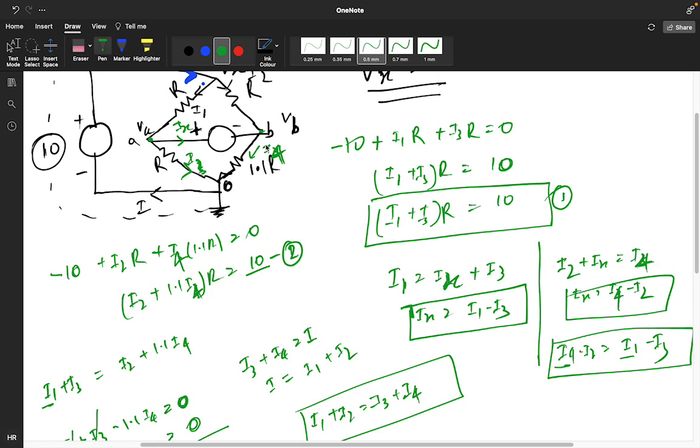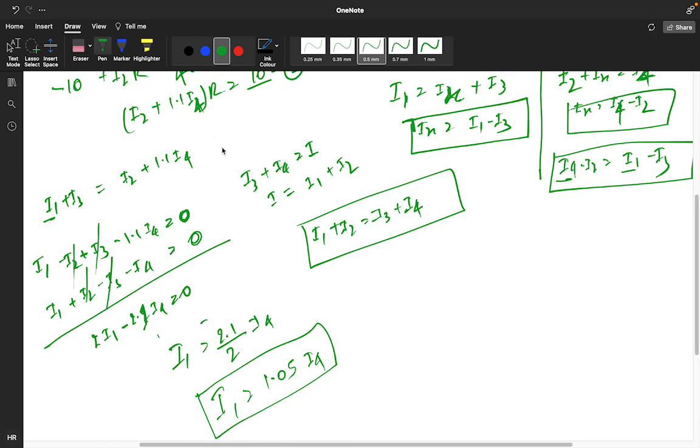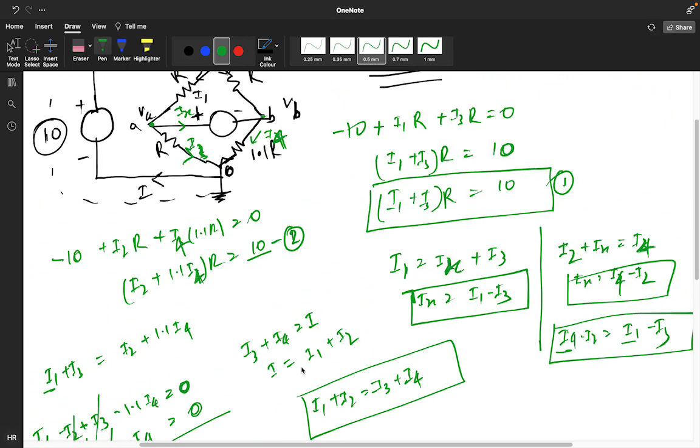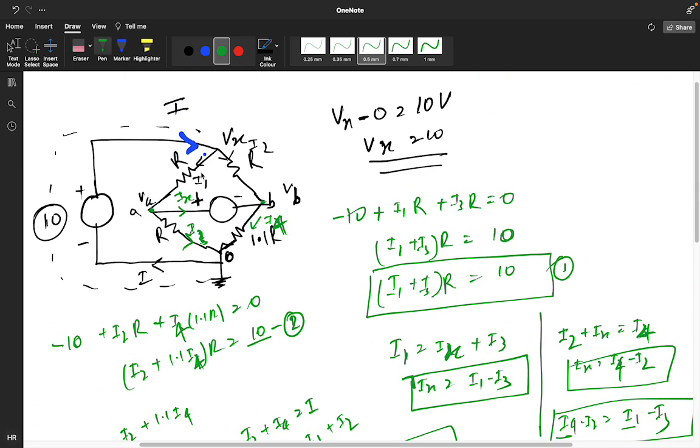Now, you know the value of I1 and I4. This is your I1 value and this is your I4 value, and you know the relation between I1 and I4.